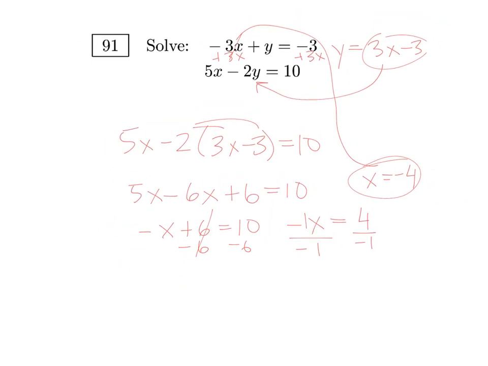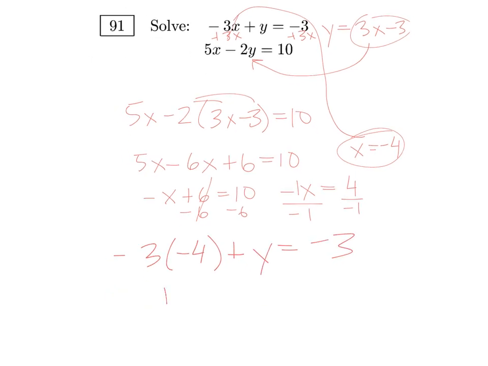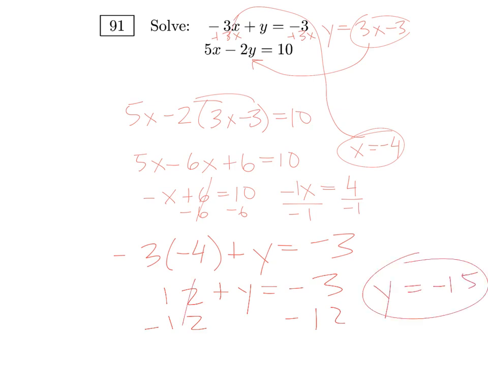And I get negative 3 times negative 4 plus y is equal to negative 3. So I have 12 plus y is equal to negative 3. And subtract 12. And I get y is equal to negative 15. So that's my answer. Negative 4, negative 15.